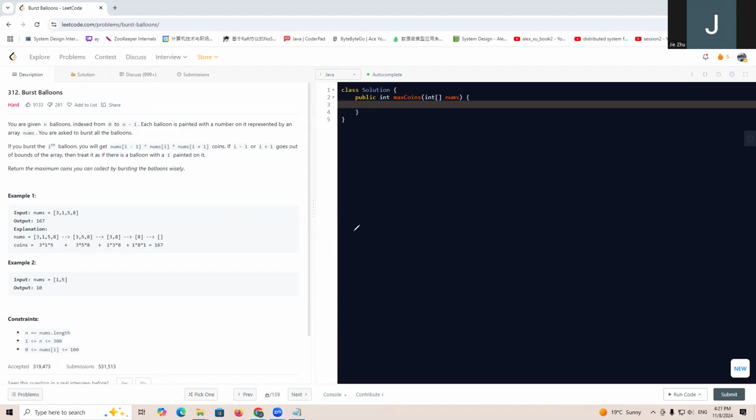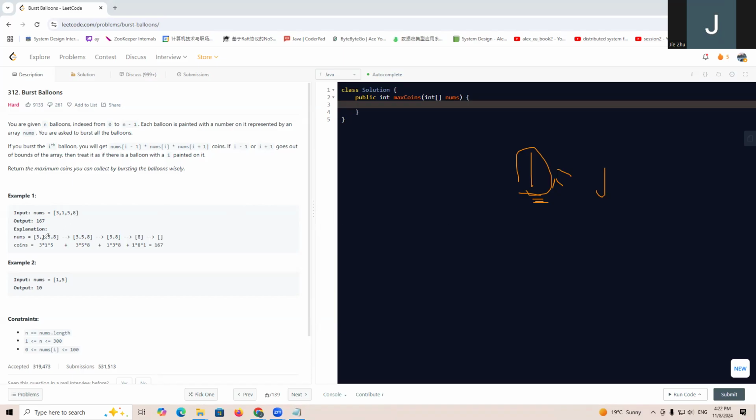But greedy for this question is not true, because some people want to choose the smallest number, right? But the thing is, if we choose the smallest number, we cannot prove that this will always be the correct direction.